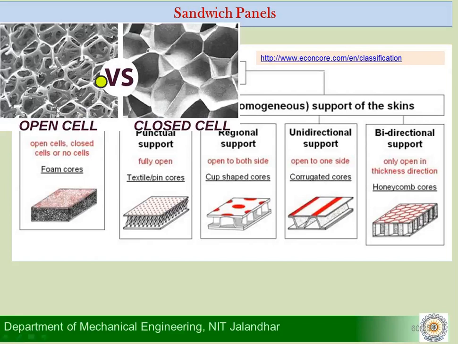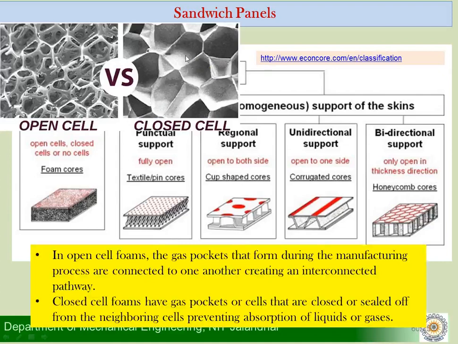Visually you can see that this is an open cell foam and this is a closed cell foam. In an open cell foam, the cells are not isolated from each other, they are open to each other, whereas in a closed cell foam, the cells, this cell, the second and the third, and all of them in 3 dimensions are isolated from each other. So in open cell foam, the gas pockets that form during manufacturing are connected to one another, creating an interconnected pathway.